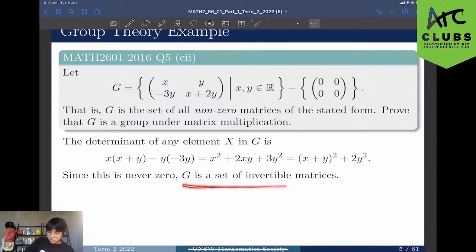So all the matrices in G are going to be invertible. When we prove closure, we have to keep in mind that G is the set of non-zero matrices. While we do the usual stuff to show that what we get is in G, we have the additional thing to prove that what we get in G is not going to be 0.